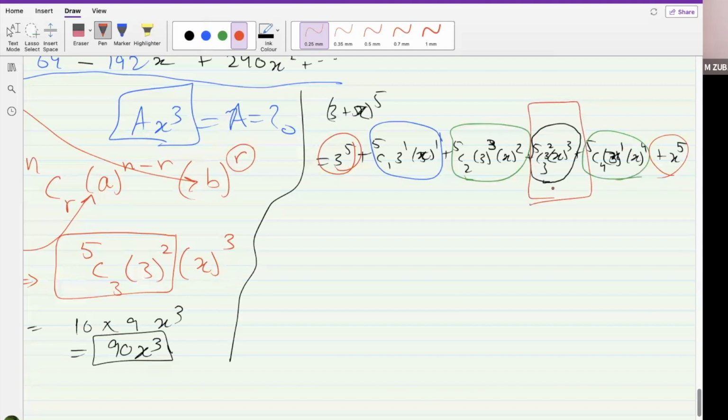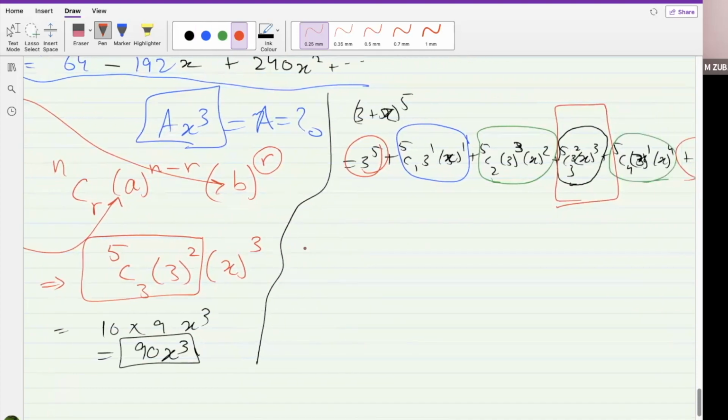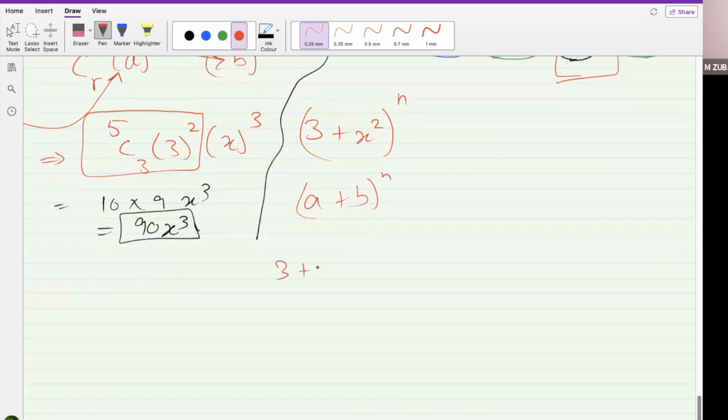So we can directly write our required term. But this was easy. This is 3 plus x. Whenever I have x at one place, either in place of a or in place of b, it is easy to guess. For example, if I write (3 plus x square) power 6, the power of x will be x square, x4, x6, x8.